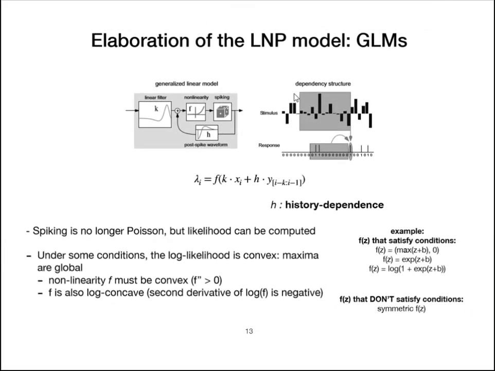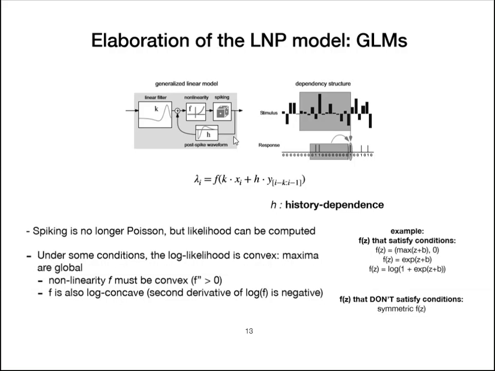Nowadays LNPs are kind of outdated, and they're using GLM, which is a generalized linear model. We said Poisson, but Poisson events are independent of each other. We know that the spiking of neurons is intertwined.